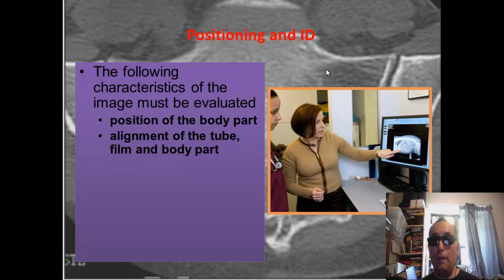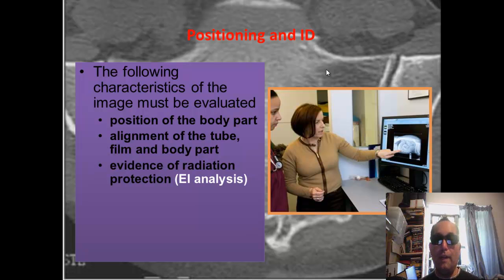After that first step, you must then center the central ray to the base of the metacarpals of the hand. That would give you proper centering and alignment. Keeping it simple, we're basically talking about getting the part in the middle of the image receptor.